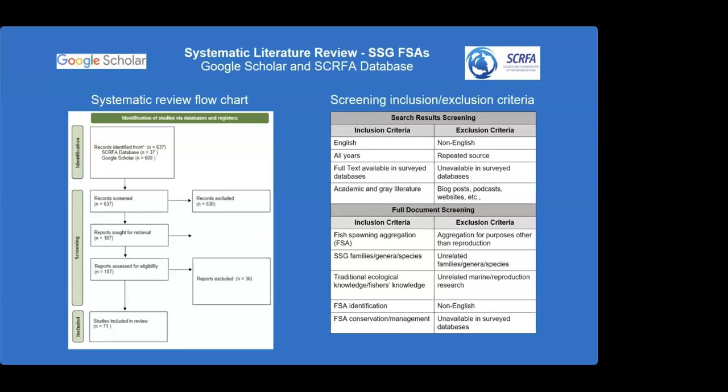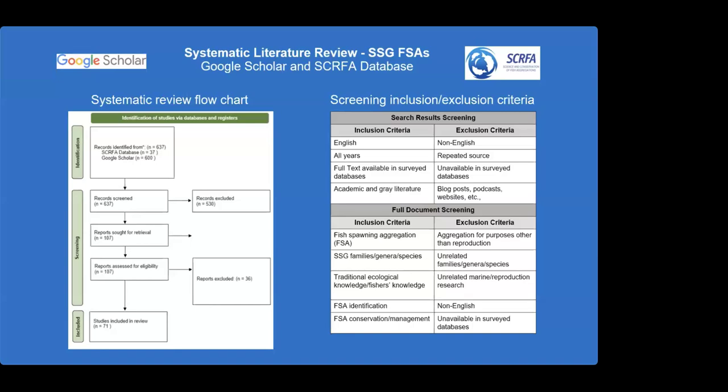Of note on the left, she identified an N of initially 637 records from both databases combined. That's the top left box. And then on the bottom left box, ultimately, after processing those criteria, 71 studies were included in this review.